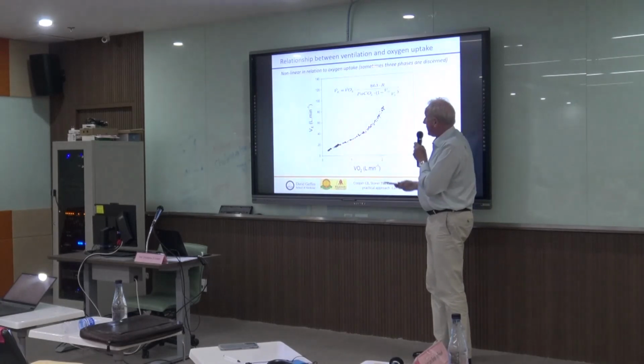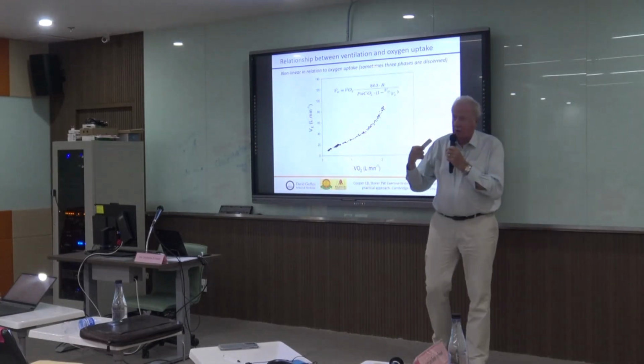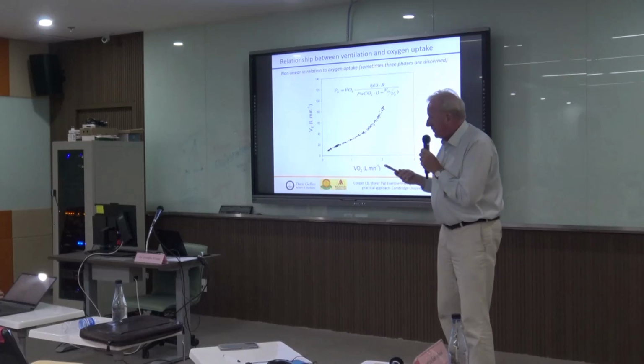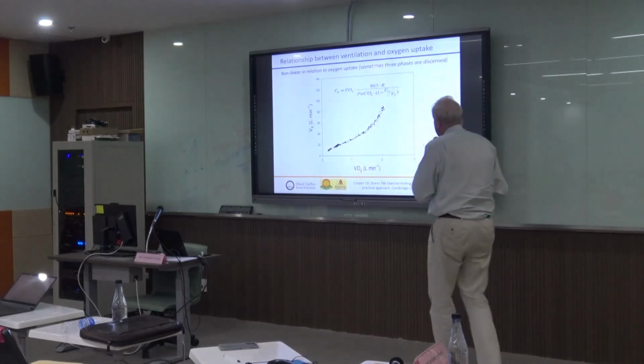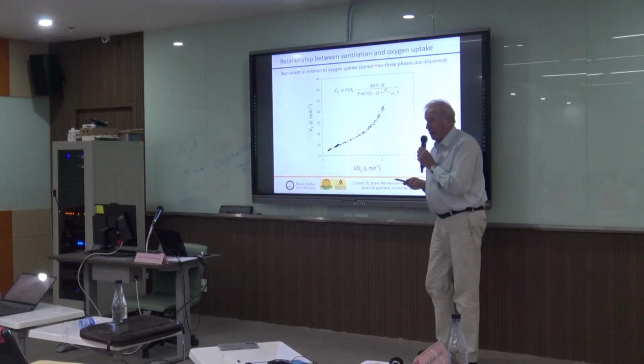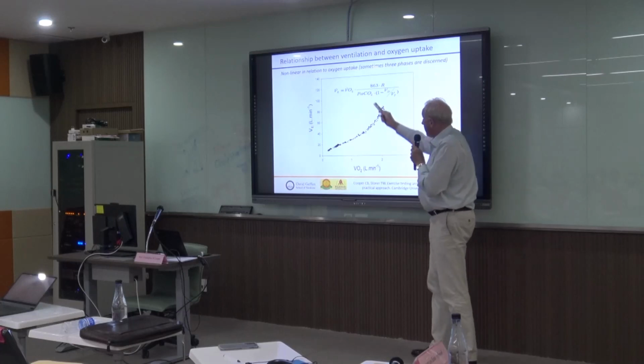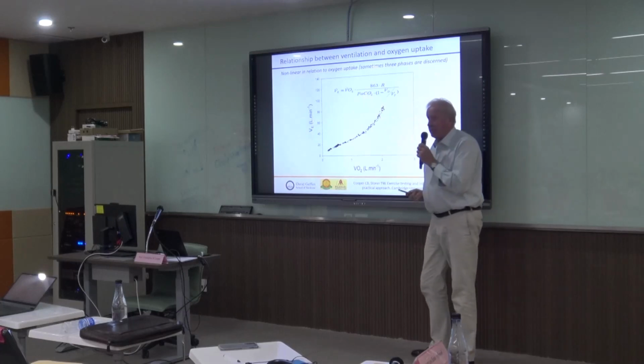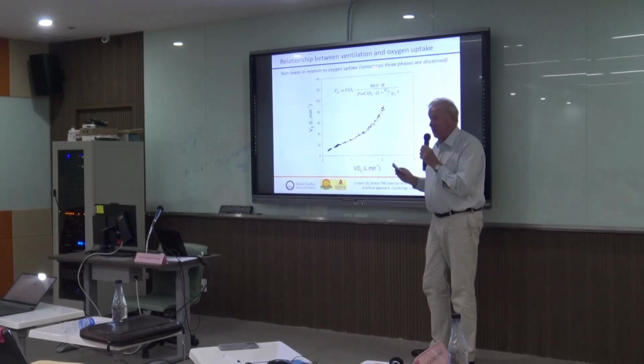The respiratory exchange ratio, that's the ratio of carbon dioxide output to oxygen uptake, expressed breath by breath. There's the arterial partial pressure of CO2, where we choose to regulate our PCO2.